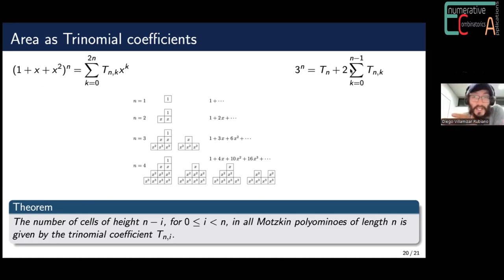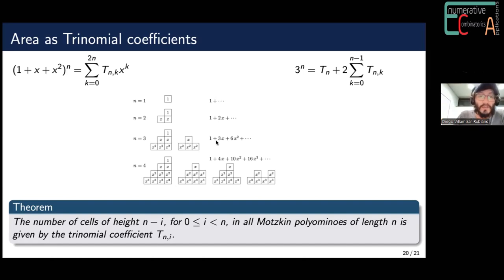And at the end of the day, we can refine the formula for the area, and the refinement is given by these numbers T and K. It happens that if you put all the Motzkin polyominoes together and you count the area of all of the rows at a certain height, you get exactly this T and K.